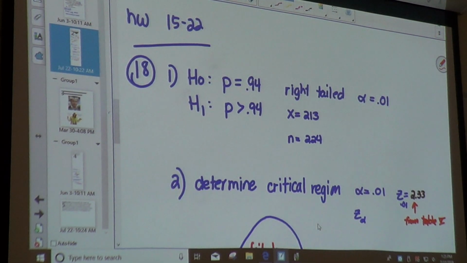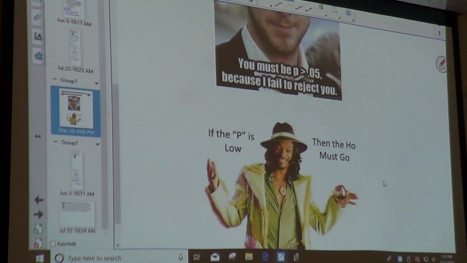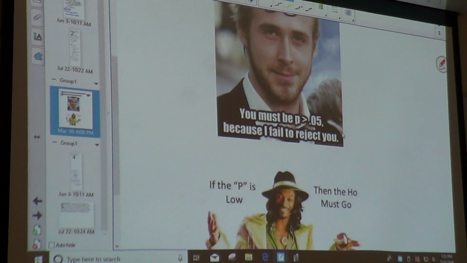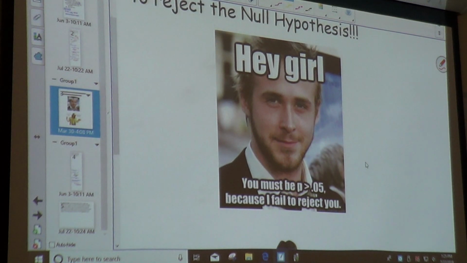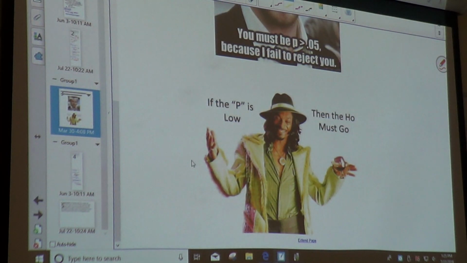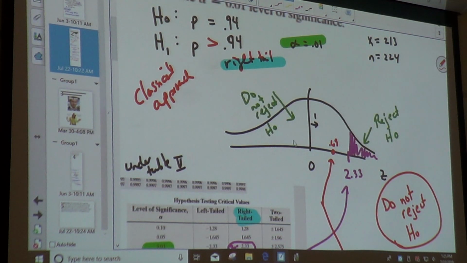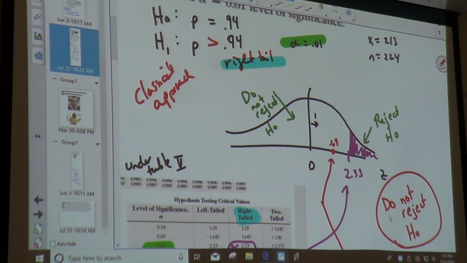So, then she found, if the P is low, then the hoe must go. And then there was another one out there, "Hey girl, you must be P greater than 0.05 because I failed to reject you." So a lot of people like to remember though, if the P is low, then the hoe must go. So if the P is less than, if it's out of the region, then the hoe must go. You must reject the hoe.